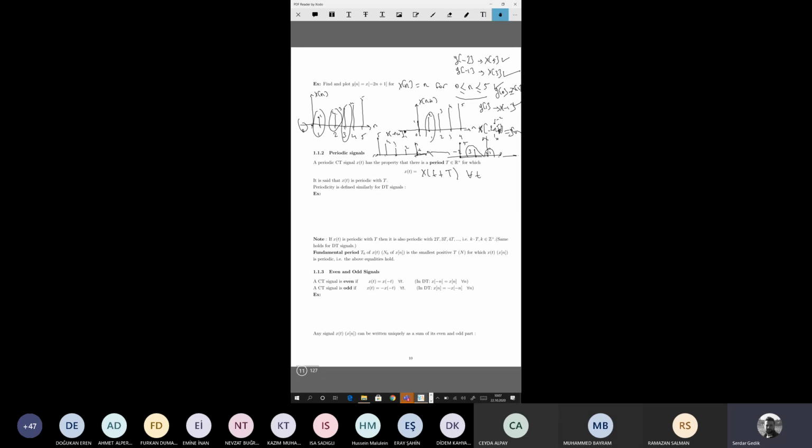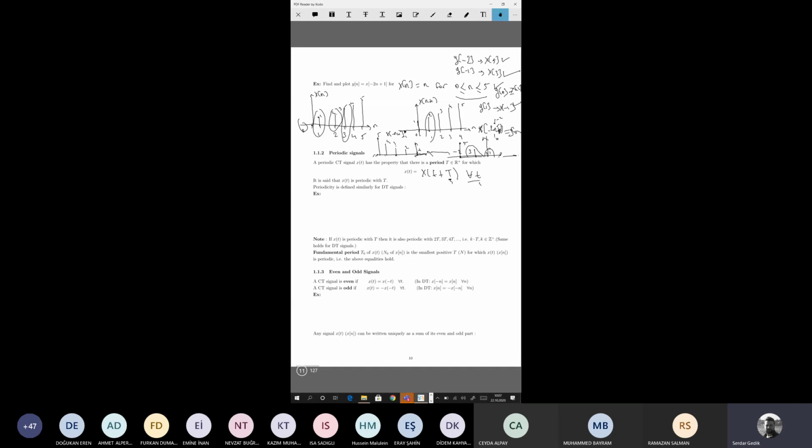So it means that with period T, the signal repeats itself. The value at x of t is simply equal to the value at x of t plus capital T for all t values. And in that case, it is said that x of t is periodic with capital T.